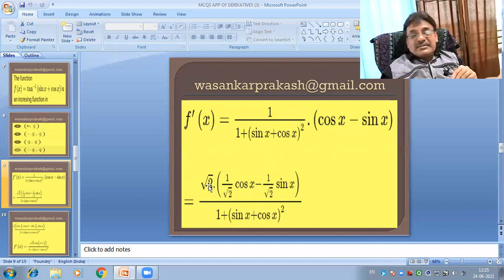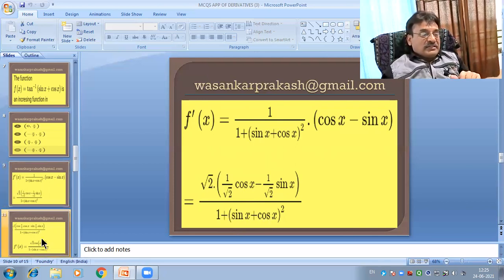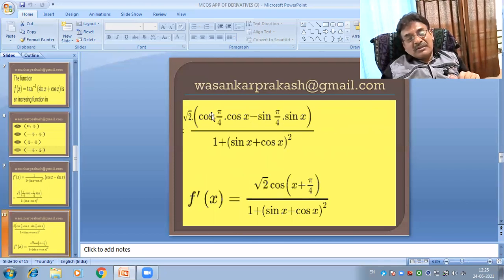So here root 2 as it is, and here cos of x plus pi by 4 upon this denominator as it is. Therefore, f dash of x equals root 2 as it is, using cos a cos b minus sin a sin b equals cos of a plus b, similarly cos of x plus pi by 4, upon 1 plus sin x plus cos x whole square.